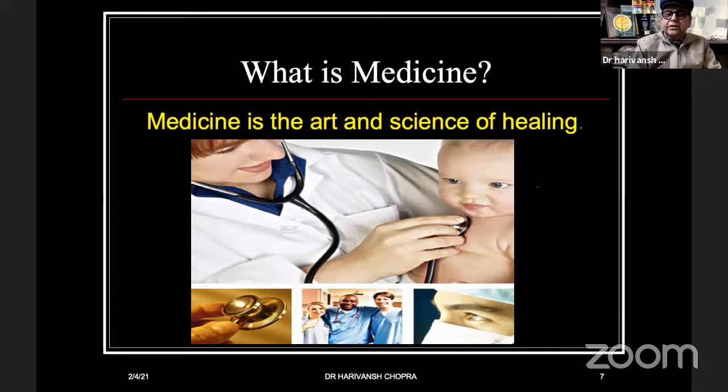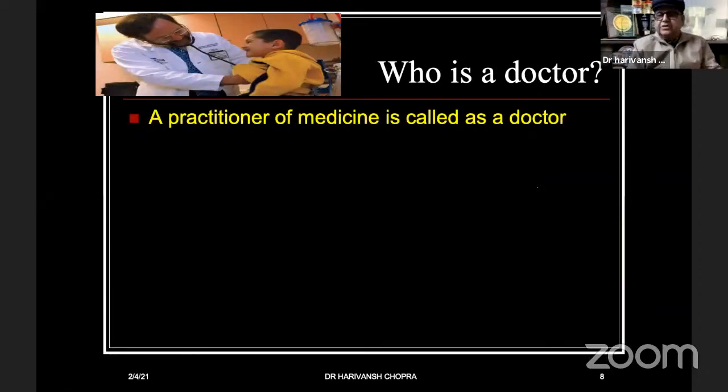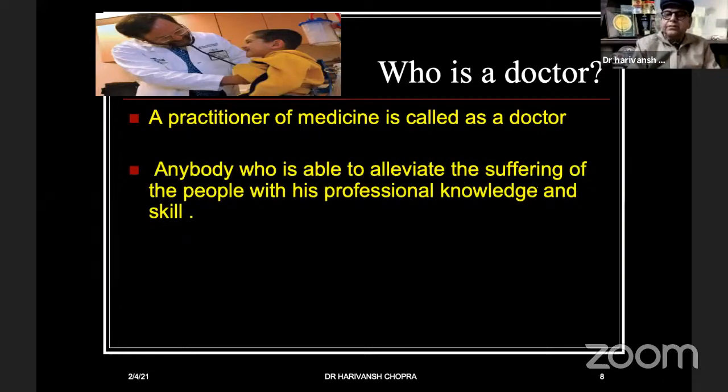So this is medicine. Then we come to another term: who is a doctor? To whom do you call a doctor? A practitioner of medicine is called a doctor. Anybody who is able to alleviate the suffering of the people with his professional knowledge and skill, right? That is what you do basically when you acquire your professional skill and knowledge, and then through the course you learn, and then you are awarded the degree.